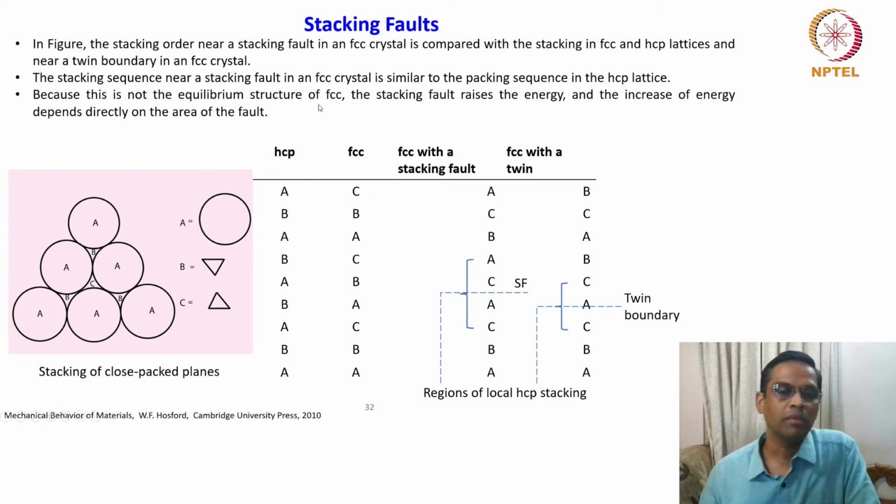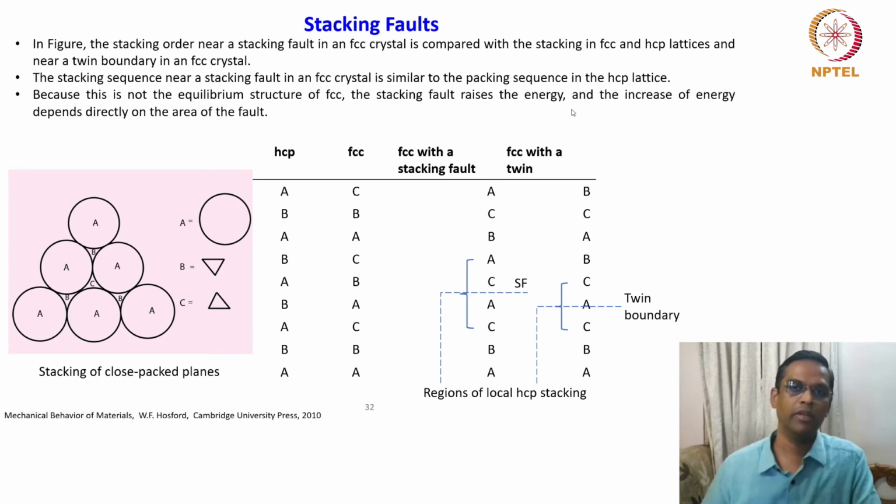Because this is not the equilibrium structure of FCC, the stacking fault raises energy. So this we already know. Here we are still talking about a dislocation only, but here it changes the sequence of the stacking. It becomes a fault. Obviously, that raises the energy of the system, and the increase of energy depends directly on the area of the fault. As I just showed you in the previous slides, it takes quite a bit of a faulty region.